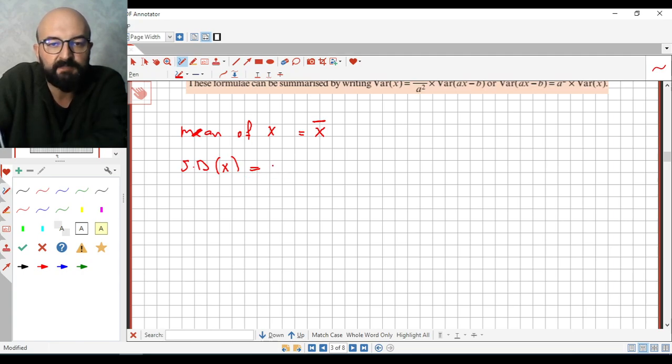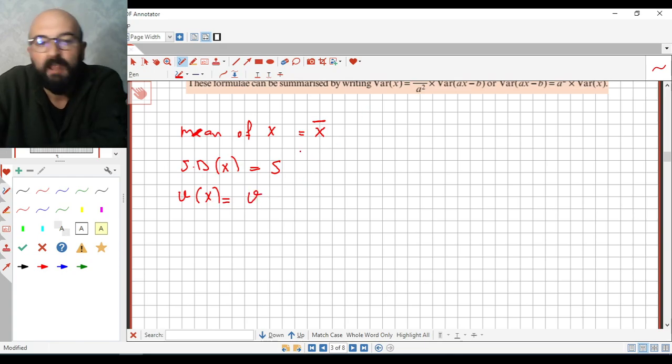For example, it means p, and the variance of x, for example, m. Or we can say the standard deviation of x as s, and the variance of x as s squared.